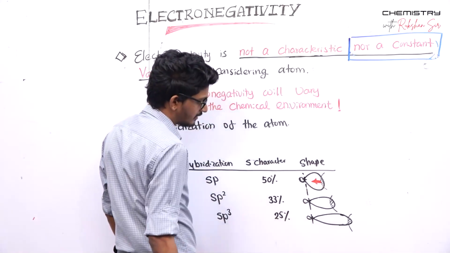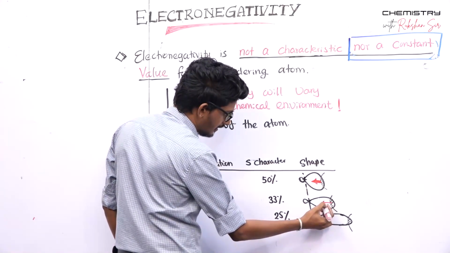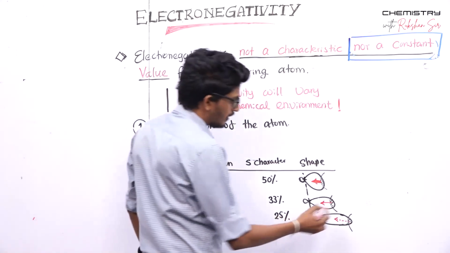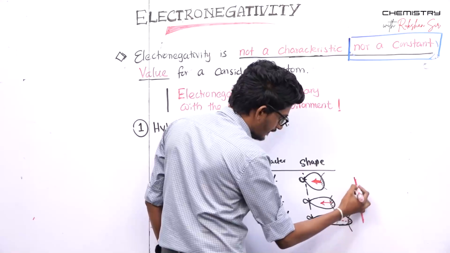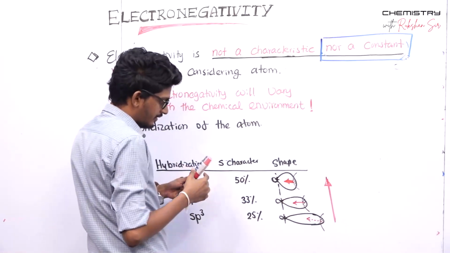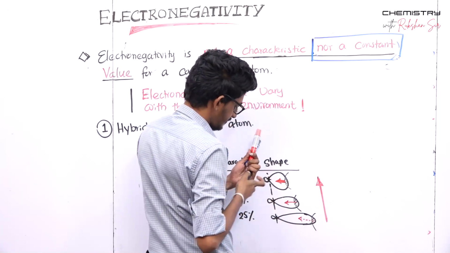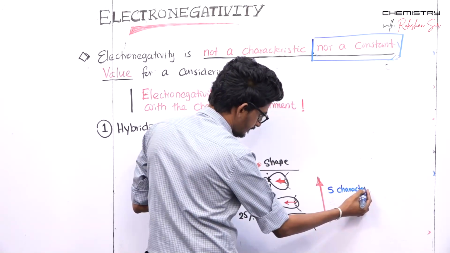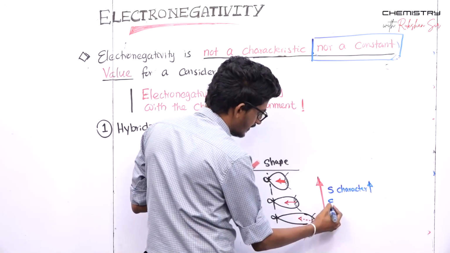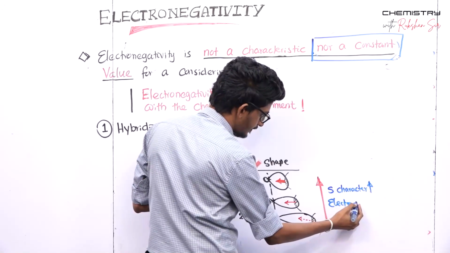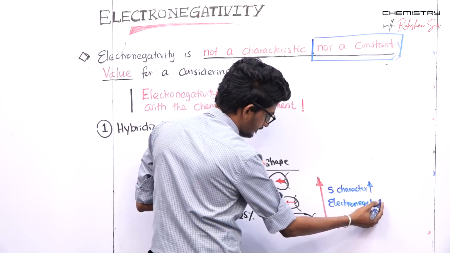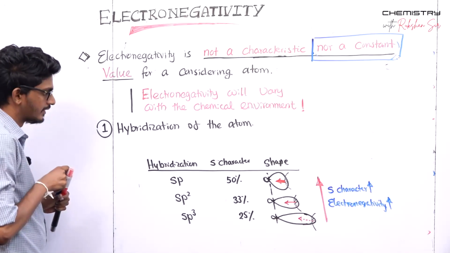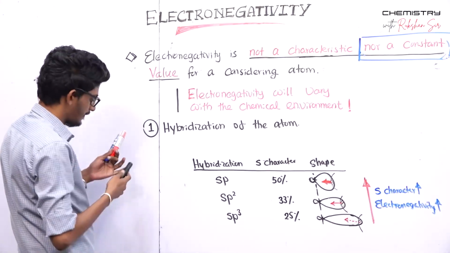That means electronegativity is high here, much less here, and very less here. So as the s character increases, the electronegativity increases. That is the first point.